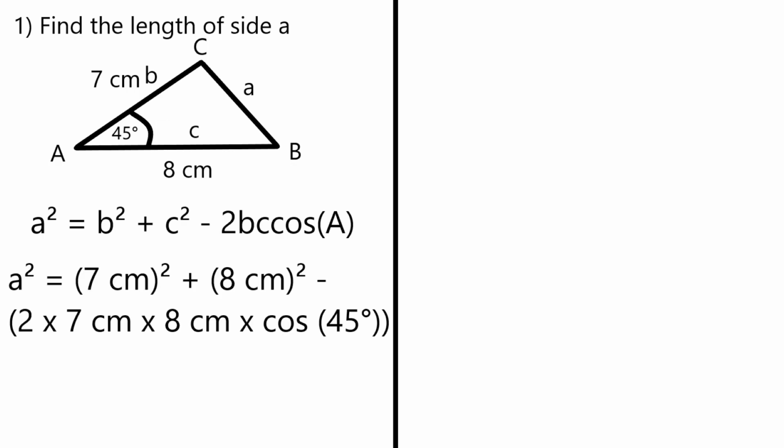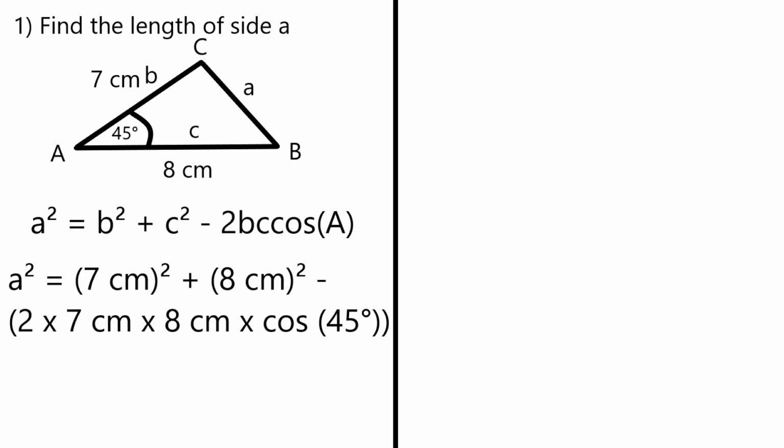We want to be very careful and make sure we're doing this accurately. So a squared is going to be b squared to start off with, which is 7 centimeters squared, plus c squared, which we know is 8 centimeters, so 8 centimeters squared, minus, and I like to leave this last bit all in brackets so it doesn't get confused because we are subtracting it. Make sure you work out everything in this bracket first, or at least put it into your calculator properly and then subtract it.